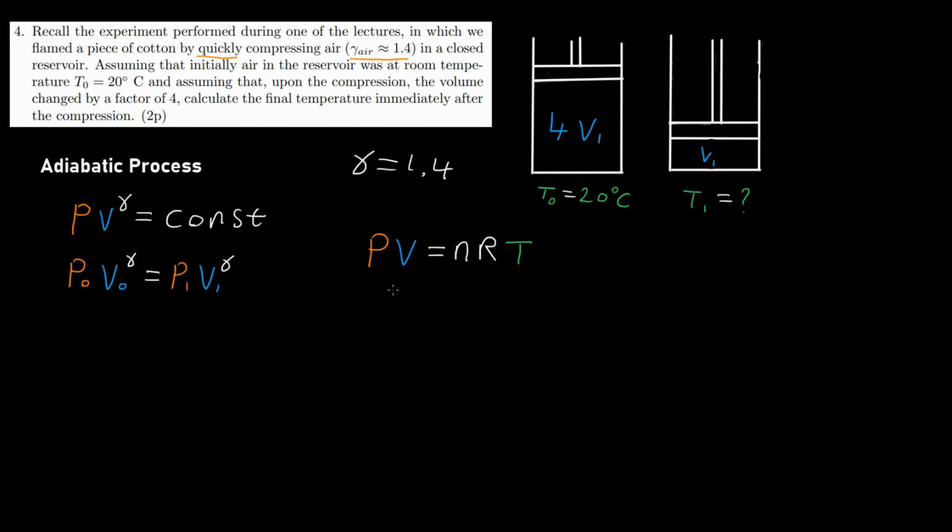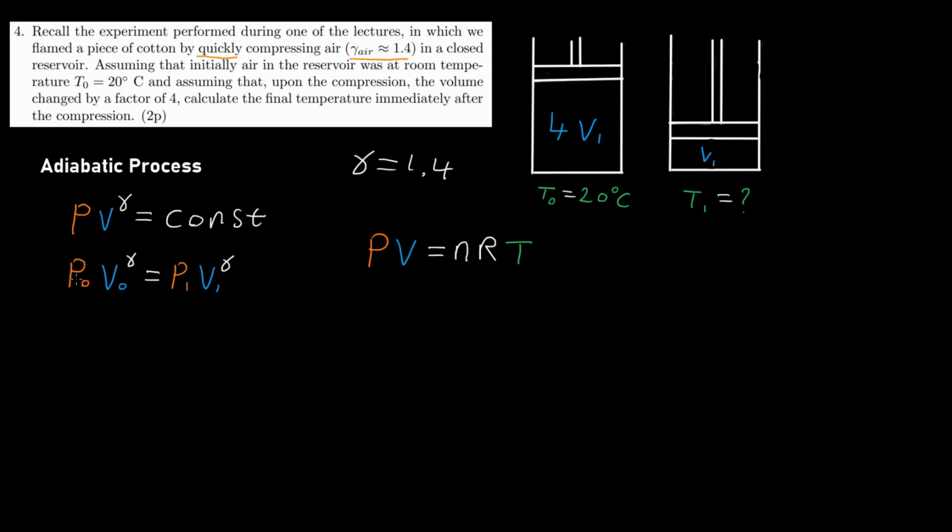The pressure times the volume is equal to n, the number of moles of gas we've got in our system. That will just remain a constant because no gas is going to be escaping and no gas is going to be entering during the process. Multiplied by R, which is the universal gas constant, just a number that is always the same in every equation. And T, the temperature.